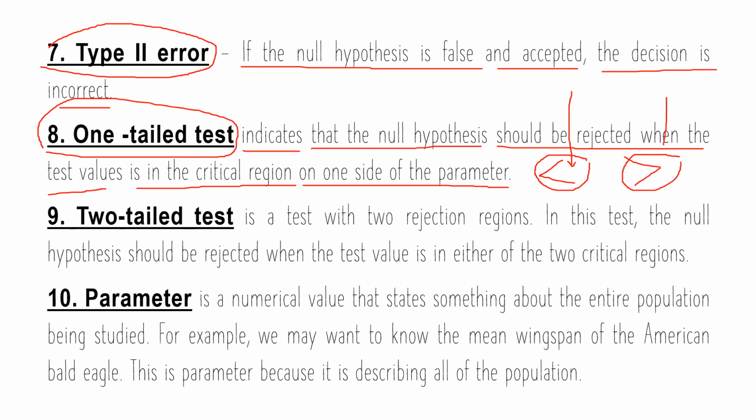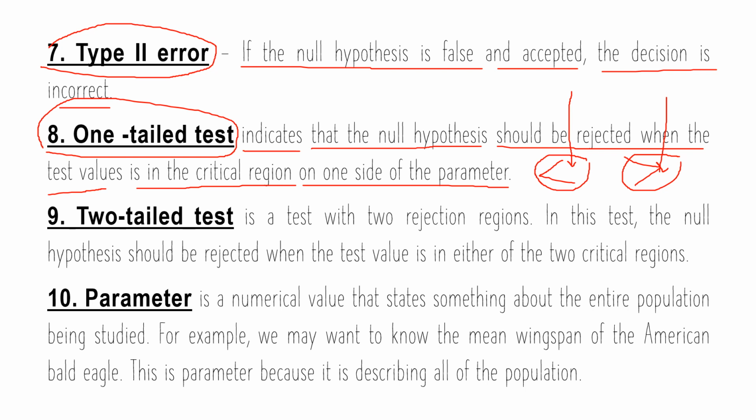If the problem mentions that the population mean, for example, is greater than a value, then we subject the right side of your normal curve. So for this one-tailed test, it can be the left side or the right side of the normal curve. It depends on the keyword that you will see in the given problem.